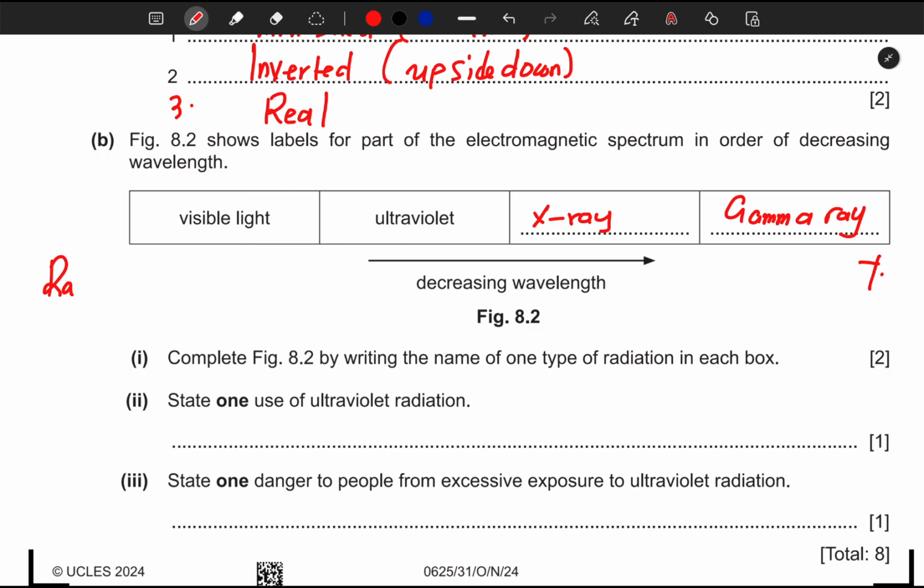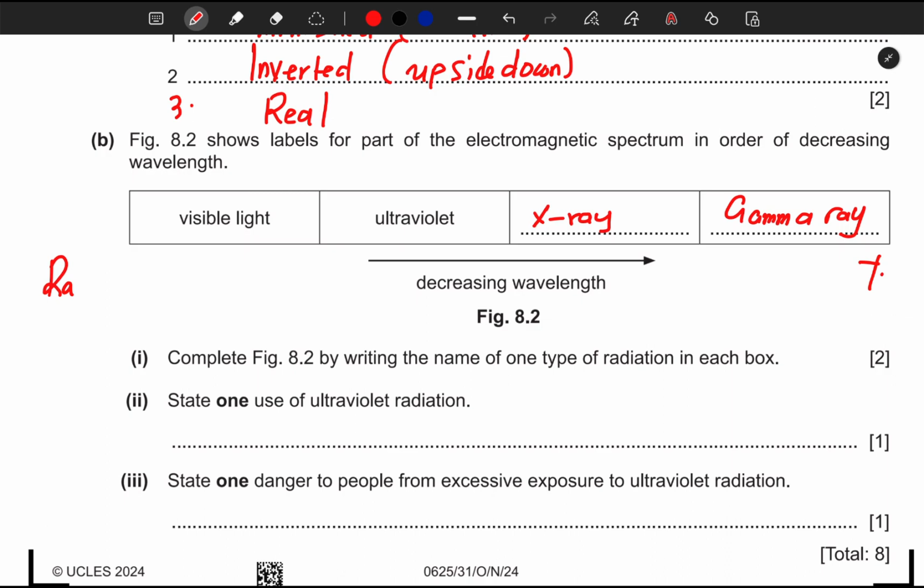Number 2, state one use of ultraviolet. Now, it has a lot of functions. Number 1, it is used as a security marker. Number 2, it's also used in banknotes. It can be used to detect if the money is fake or not, using ultraviolet radiation. It can also be used in sterilization of medical equipment, water as well as food.